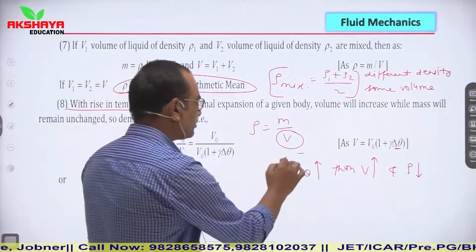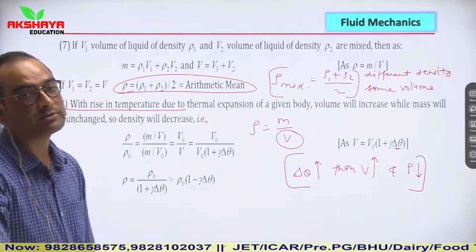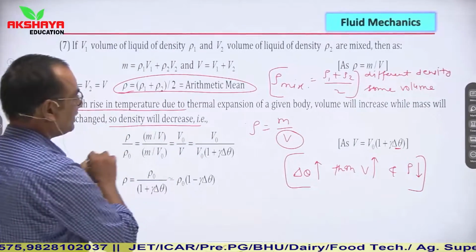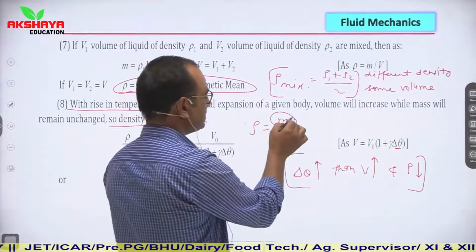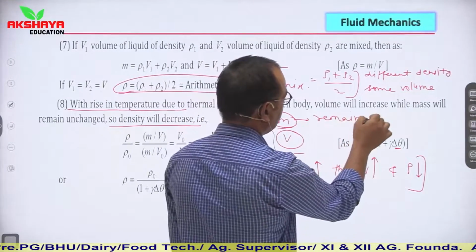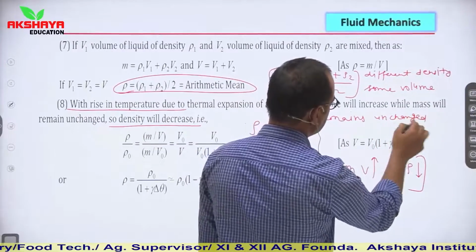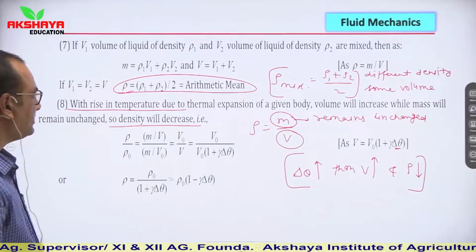So the general concept is that if temperature is increased, then density of the substance decreases, and there is no change in mass. Mass remains unchanged. So this is the general concept of the temperature and density relation.